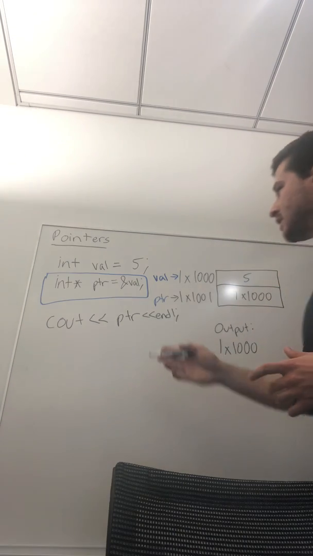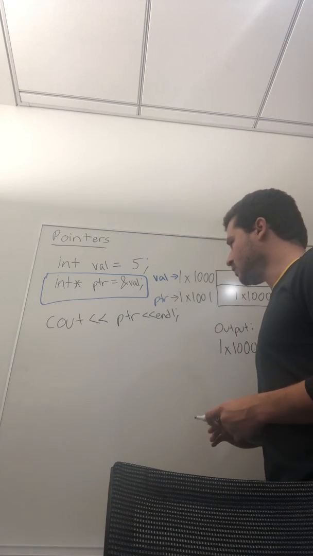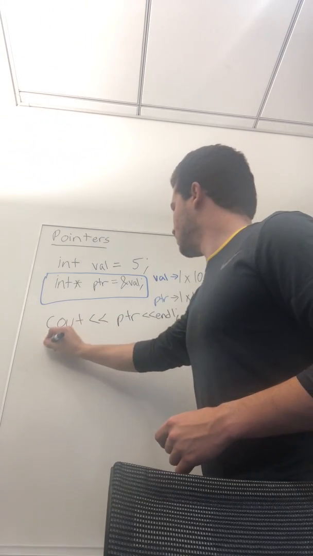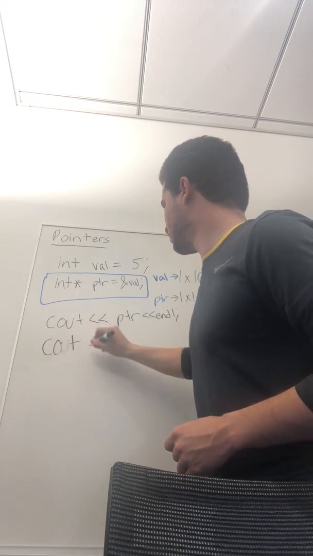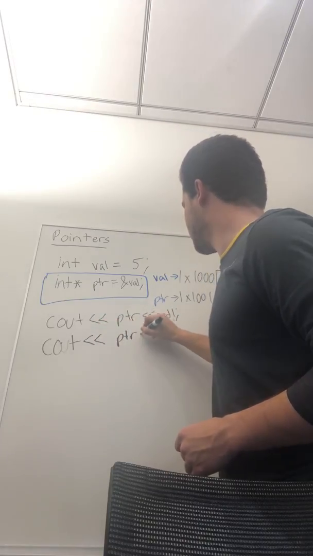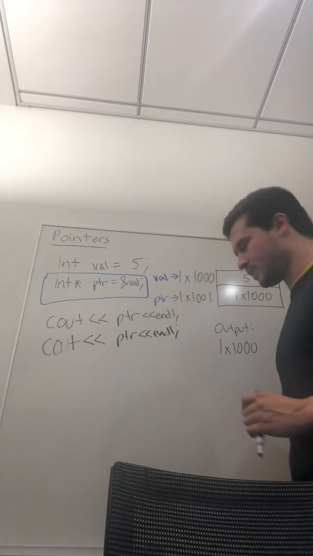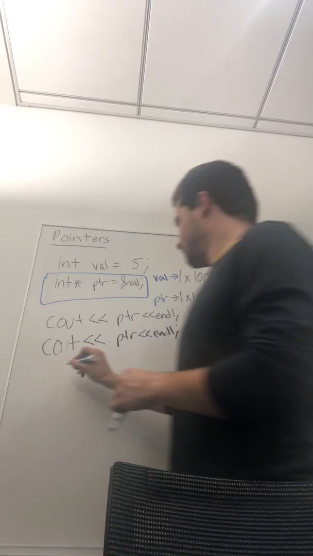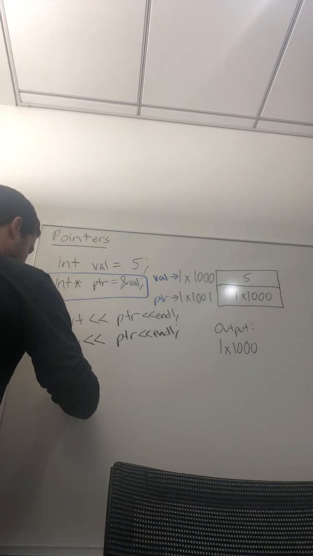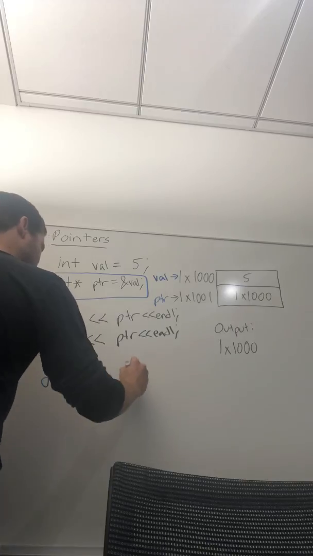So how do we get this 5 val from our pointer variable? Well, we're still going to cout PTR, but what are we going to change here? We need to dereference it. So what is a dereference operator?